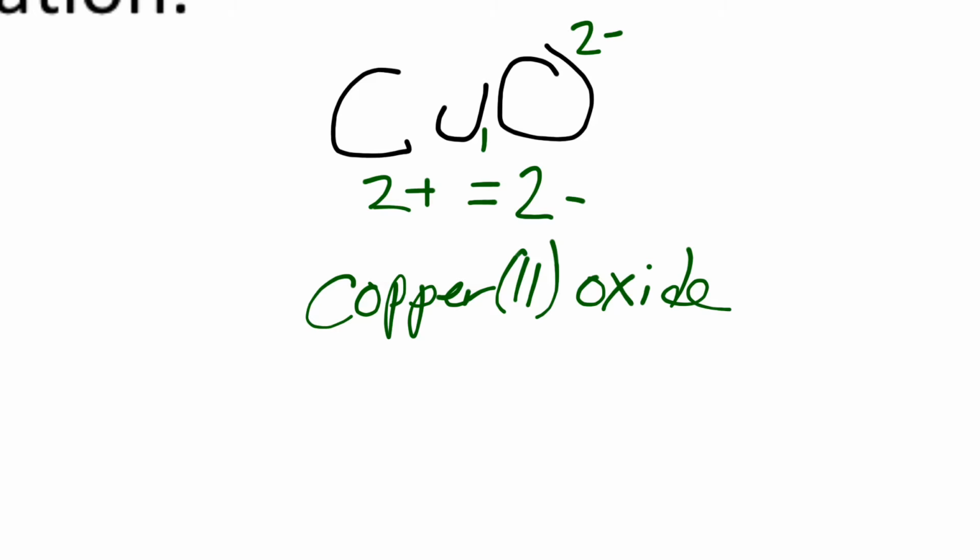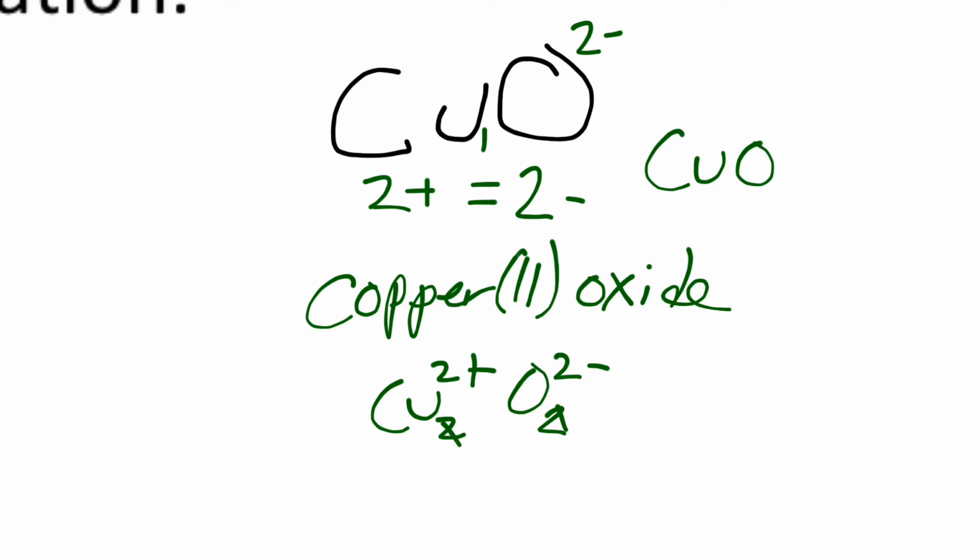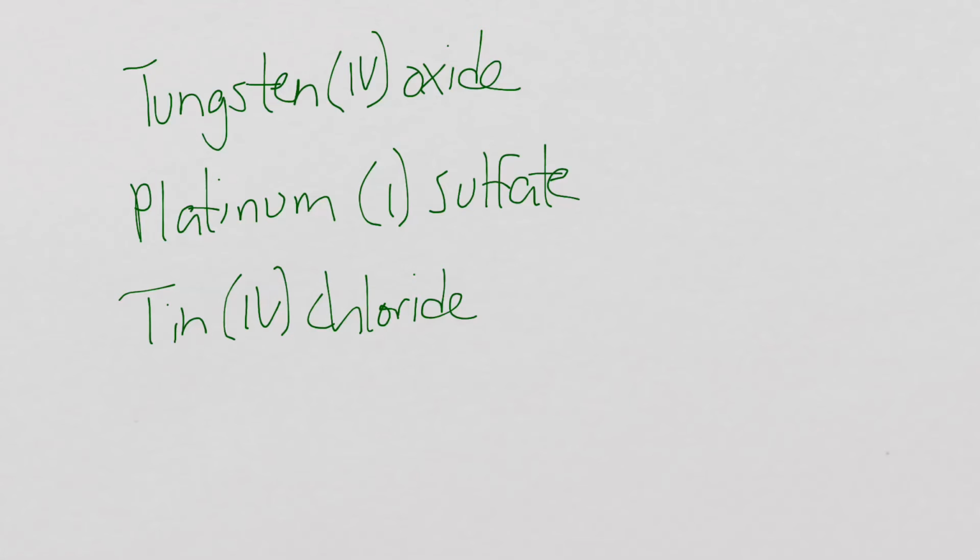Likewise again, if you were to go back from this and you have copper 2 plus, oxygen 2 minus, you cross it, you reduce it, and you get your CuO as your chemical formula for copper 2 oxide. Alright, one last little thing here, just giving you some further practice. Tungsten 4, oxygen 2 minus, 2 and 4, and reduce.